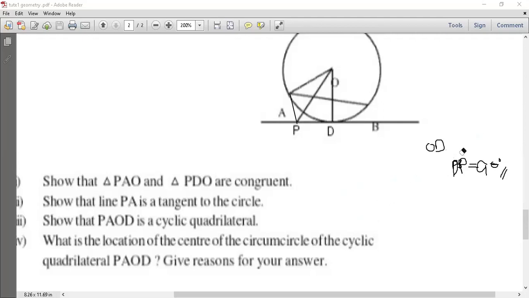Then the third one. Show that POD is a cyclic quadrilateral. In a cyclic quadrilateral, there is a feature: the sum of interior opposite angles is supplementary.